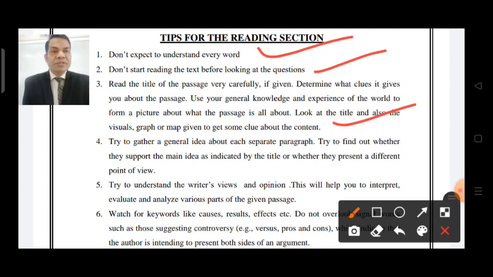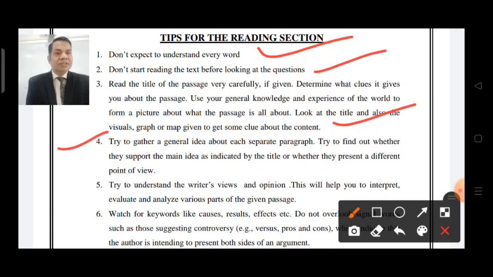Determine what clues it gives you about the passage. Use your general knowledge and experience of the world to form a picture about what the passage is all about. Look at the title and also the visual, graph or map given to get some clue about the content.